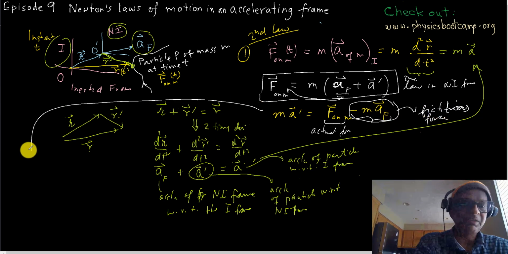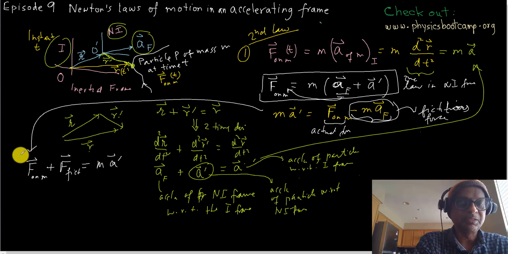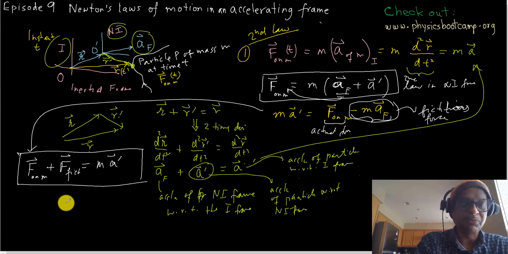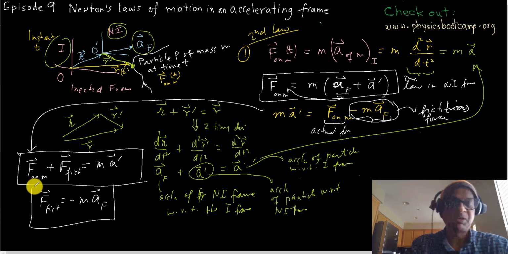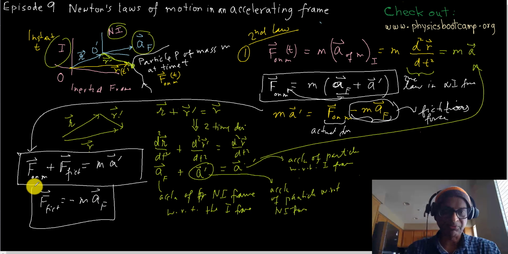Writing it over here, we say F on M plus the fictitious force equals mass times A prime. So this will be the law, and the fictitious force will be minus M times the acceleration of the frame itself with respect to the inertial frame.